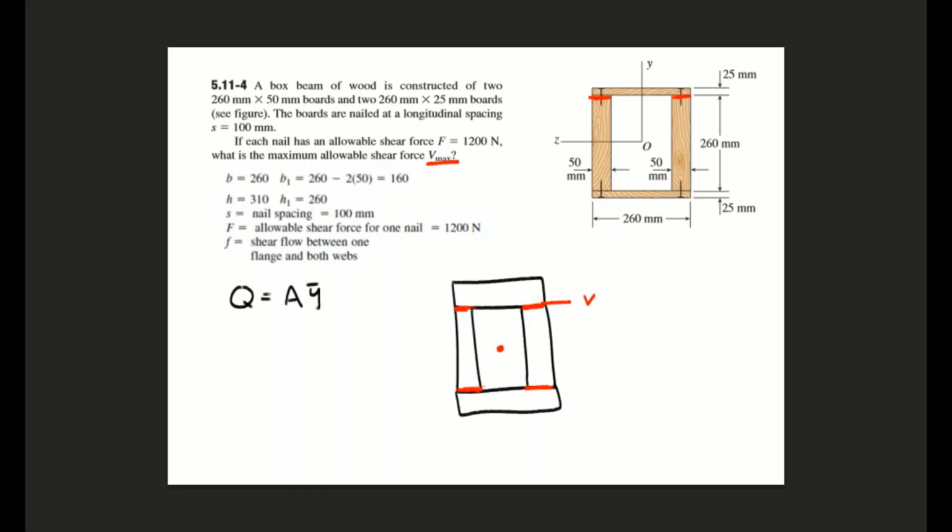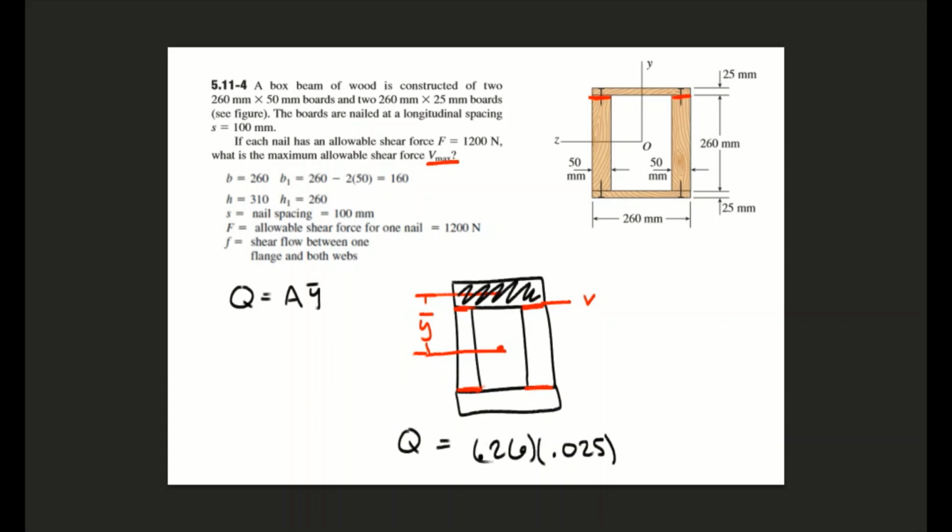So Q is the area above the shear point. In this case, it's this whole area. Then Y bar is you look at the centroid of that area, and you go from the centroid of that area to the centroid of your actual piece. And that is Q. So Q is going to be equal to, let's look at the area first: 0.26 because we're going in meters, times 0.025 meters.